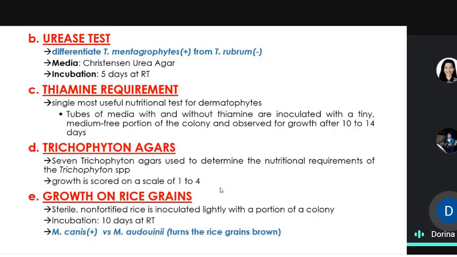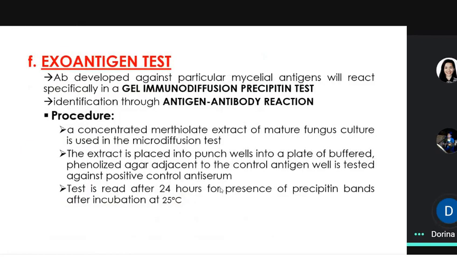Ang ginawa niya instead is, nag-change lang ng color yung rice grain. Obvious naman ang growth. Alam naman natin itsura ng mga molds pag yan ay nag-grow, parang mga items sa bahay na biglang tinubuan ng amag. Parang ganun din yung sa ating growth on rice grains.